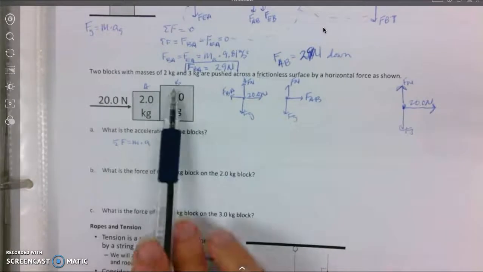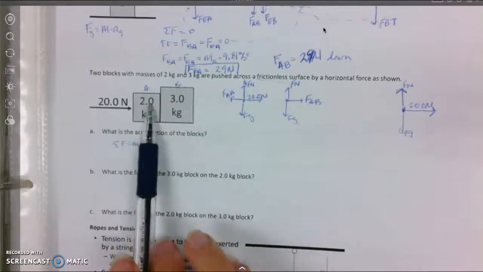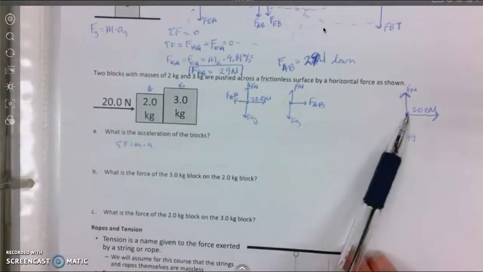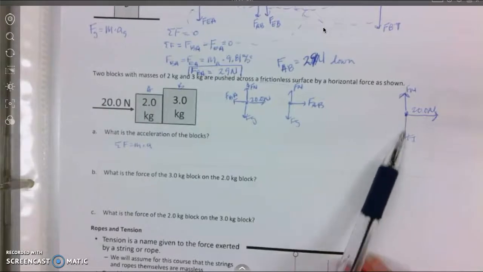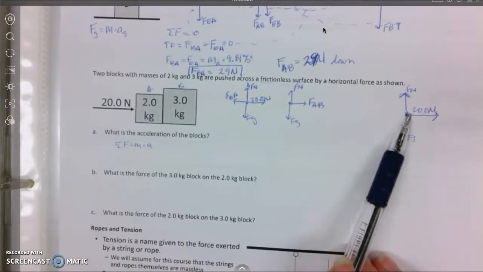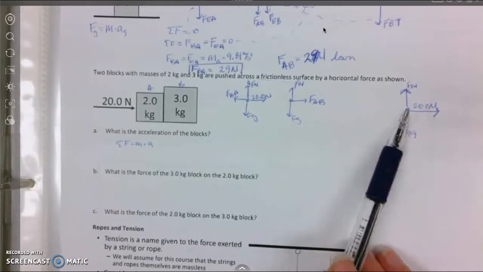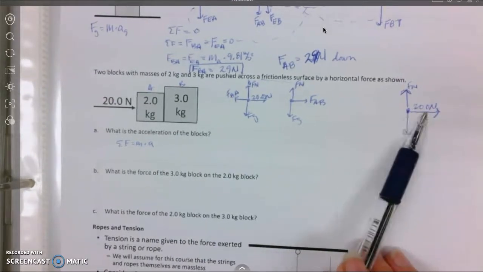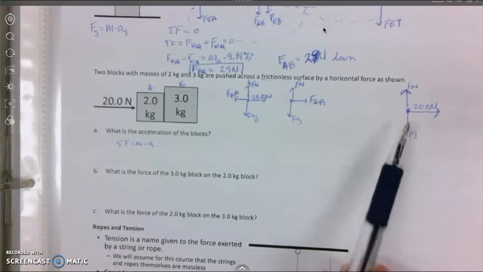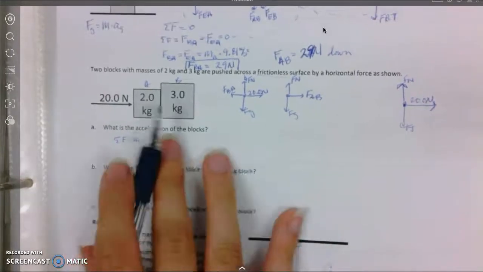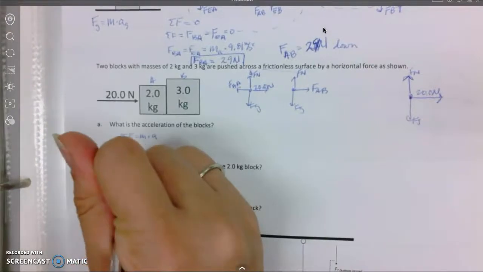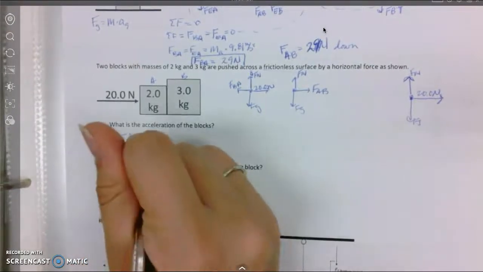So if I'm going to treat this as one object for a moment, then that was what my free body diagram would look like. I'd have some force due to gravity, some normal force, and then I have an applied force of 20 newtons. So in the x direction, and really these cancel as well, so the sum of my forces is just equal to 20 newtons. Okay.